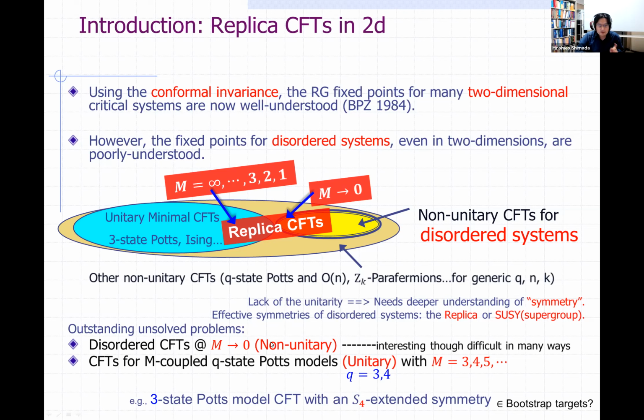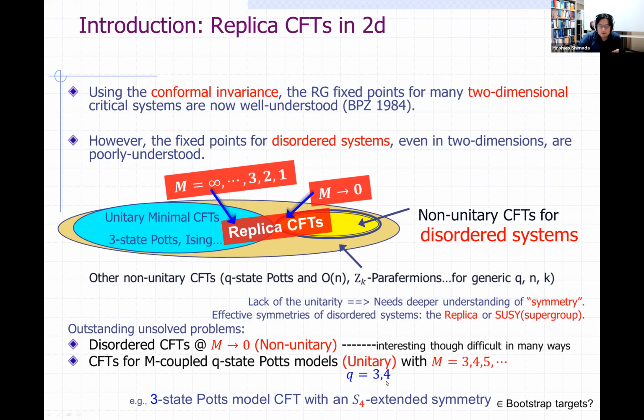Here I list two outstanding unsolved problems. These are the CFTs at M equals 0. They are very interesting, especially since they have a non-perturbative fixed point, and I think this is very important in view of the renormalization group. The other is the M-coupled Q-state Potts model.